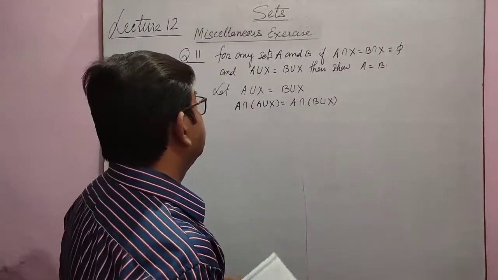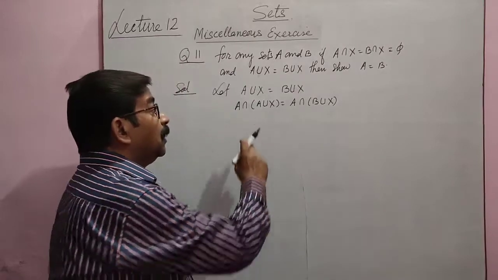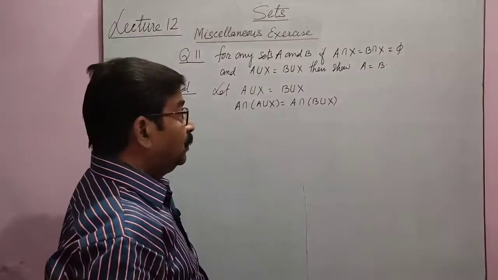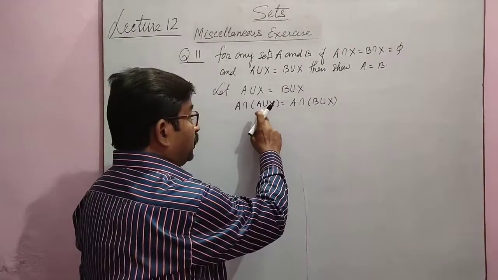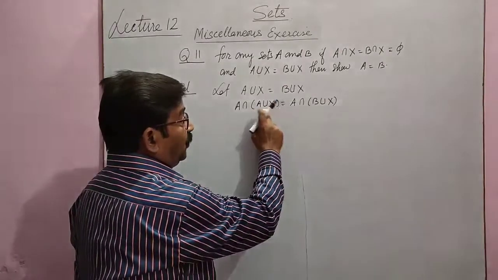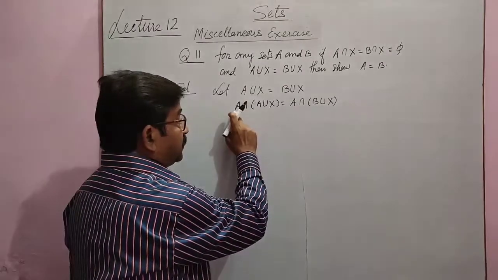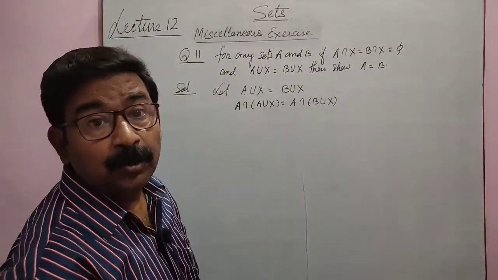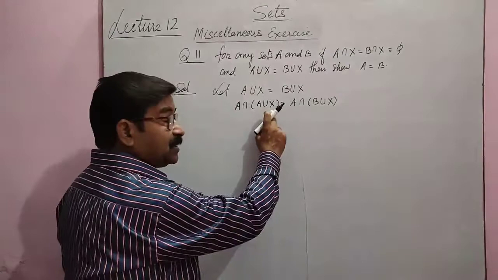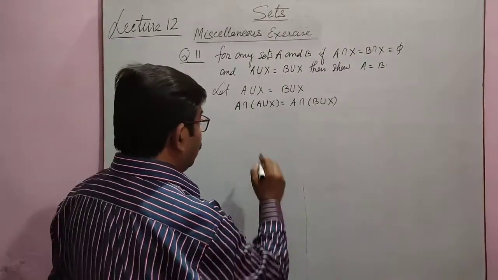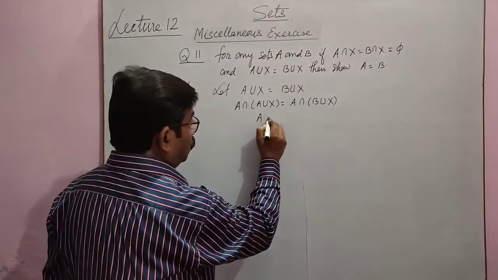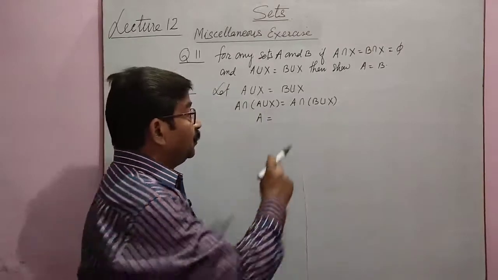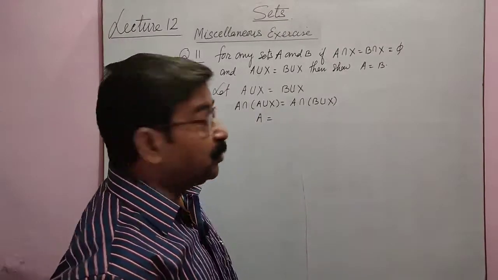Now apply distributive law. This side, clearly we have A union X and intersection with A. So it is equal to what? It is equal to (A union X) intersection A, which is equal to A. Now this side, apply distributive law.